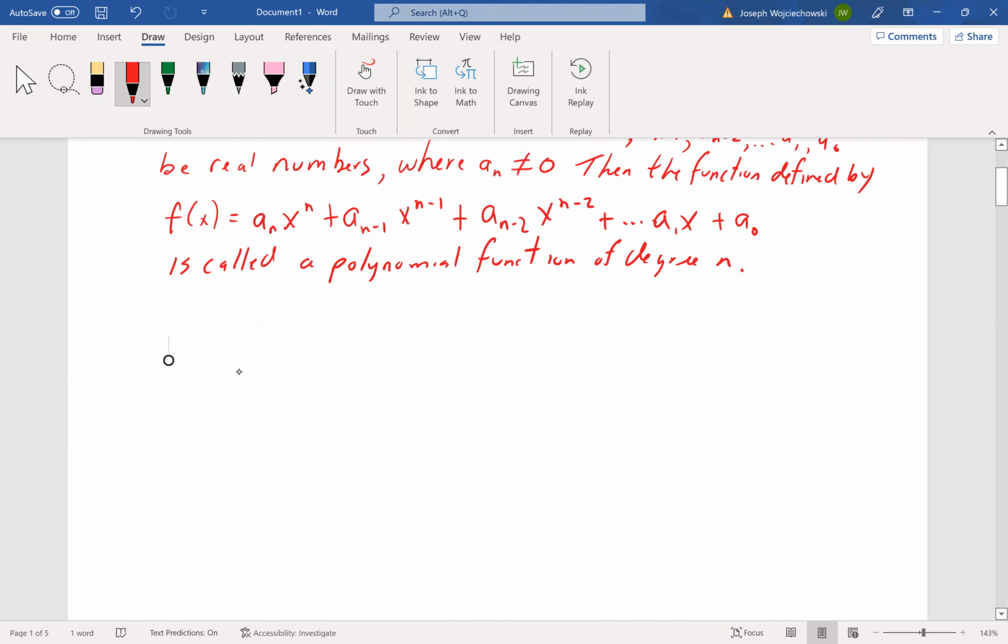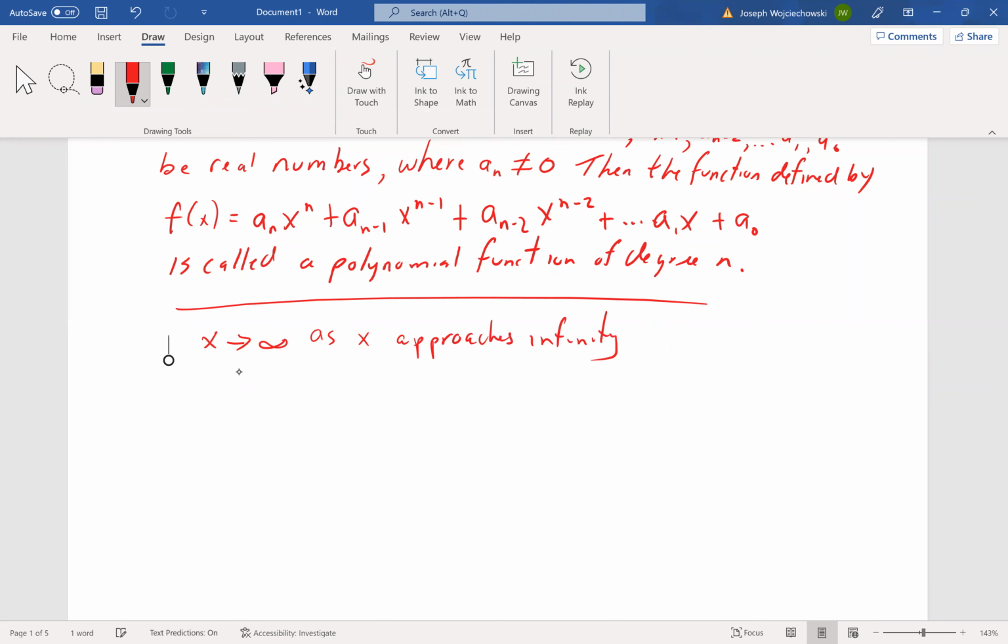First thing we look at is some terminology, such as x approaches infinity, and likewise as x approaches negative infinity.